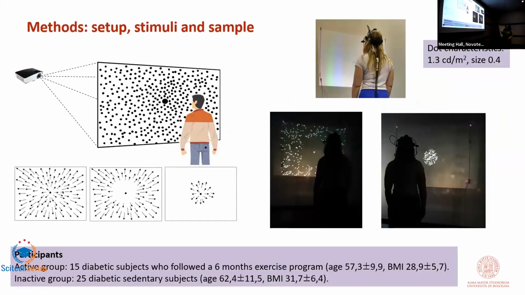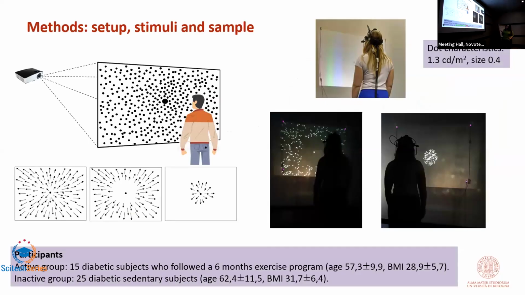Active people were 15 subjects who followed a 6-month exercise program 3 times a week. Inactive people were 25 diabetic sedentary subjects, so they just had sedentary behavior.